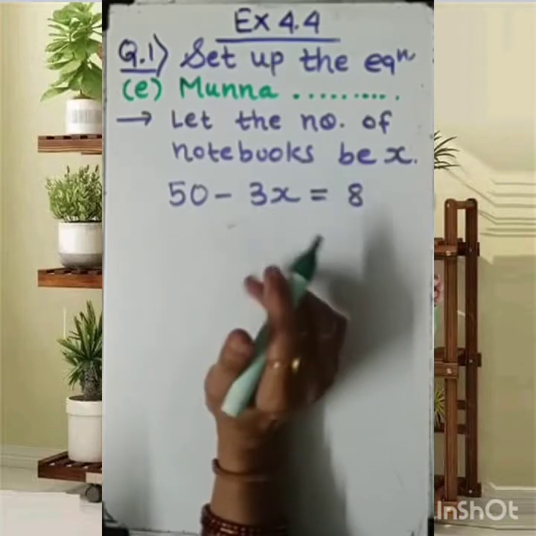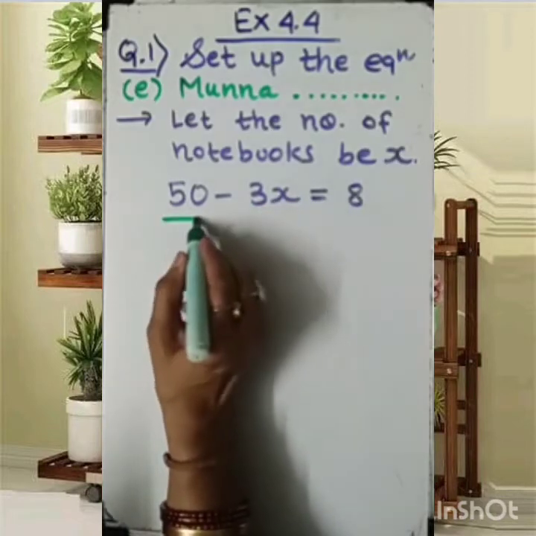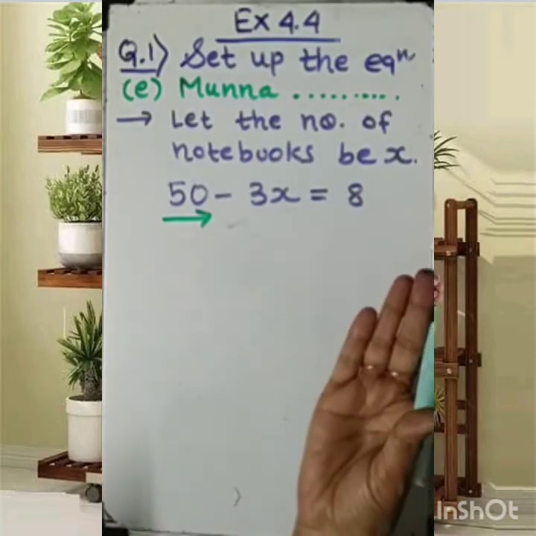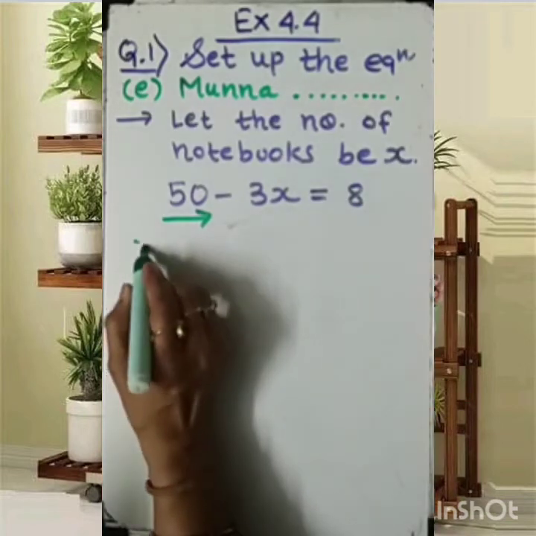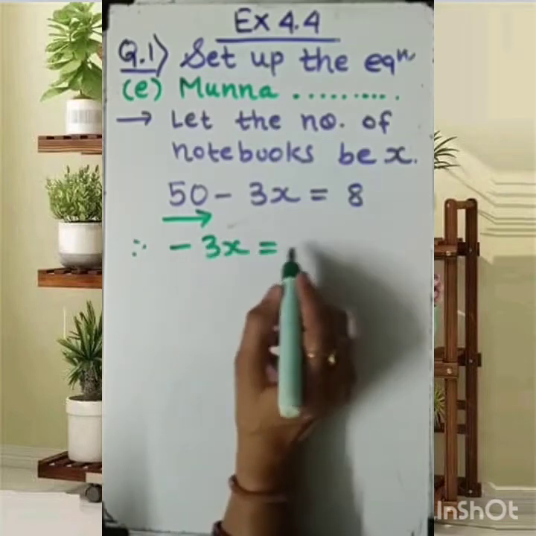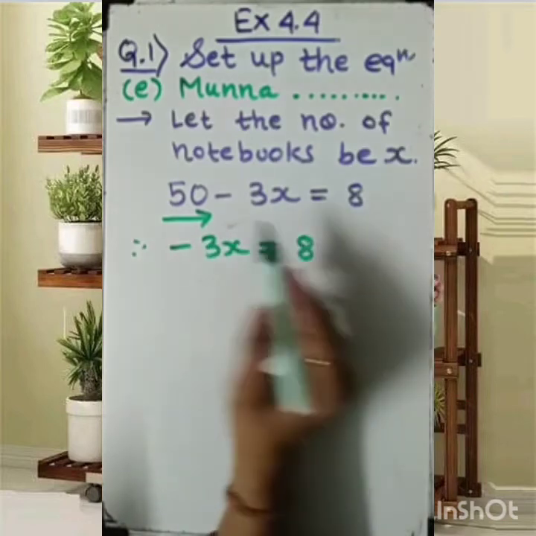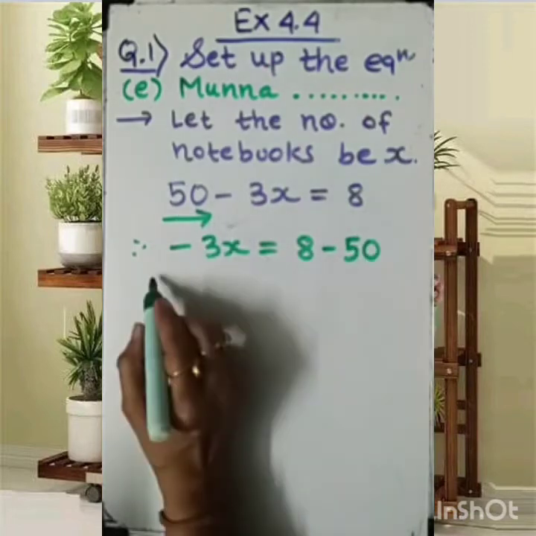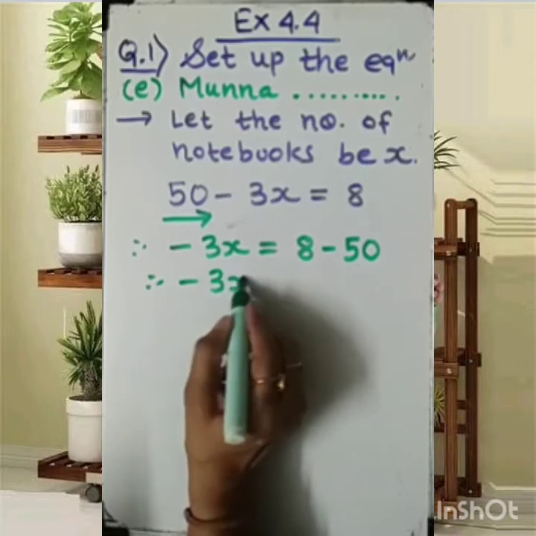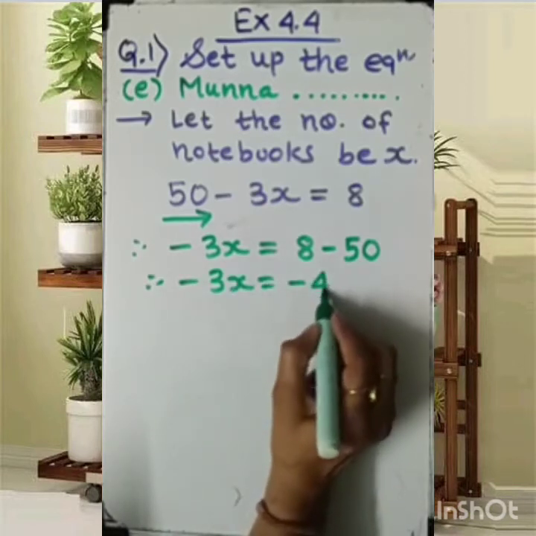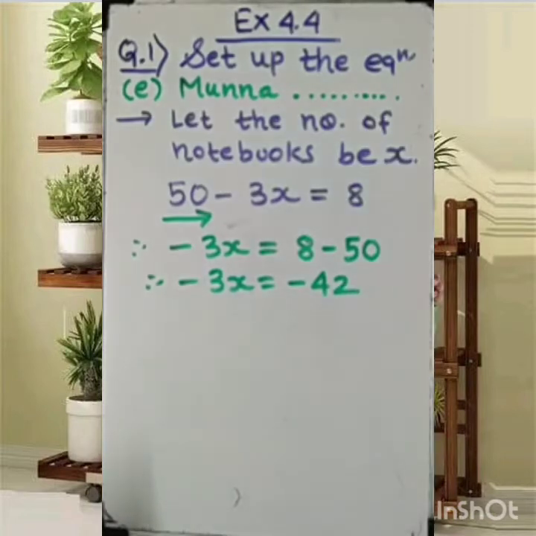Now what to do with this equation? Very simple. Just look at your screen. This 50 is the numerical part. I am transposing it to the right side. So on this side, minus 3x will be left. 8 is already there. This plus 50 will be shifted to that side, giving minus 50. So 8 minus 50, you know, in the integer chapter we have done, that is minus 42.